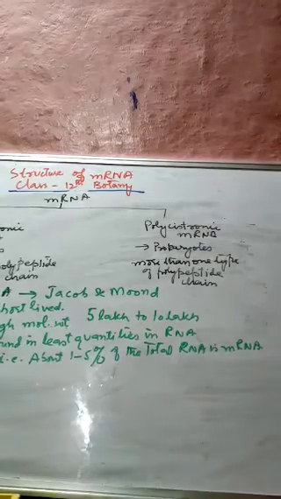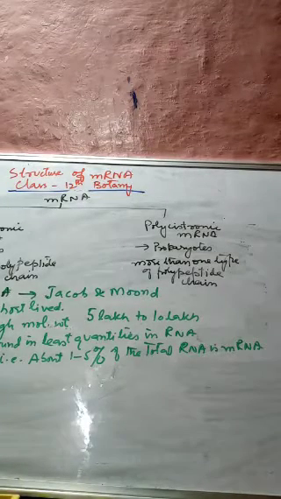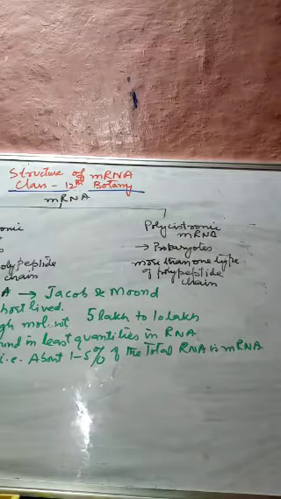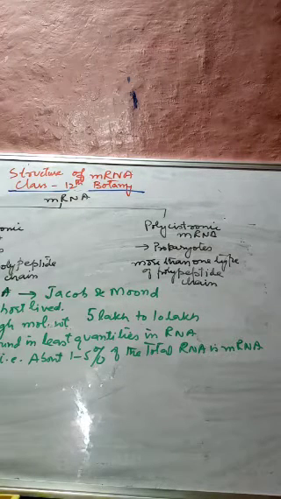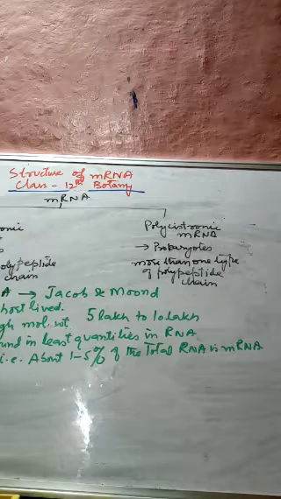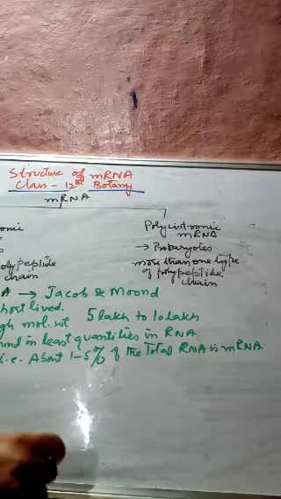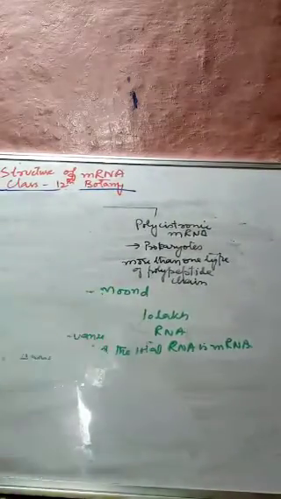So we can say that this RNA is short-lived, it has a high molecular weight between 5 lakh to 10 lakh, and it is found in least quantities, about 1 to 5% of the total RNA.